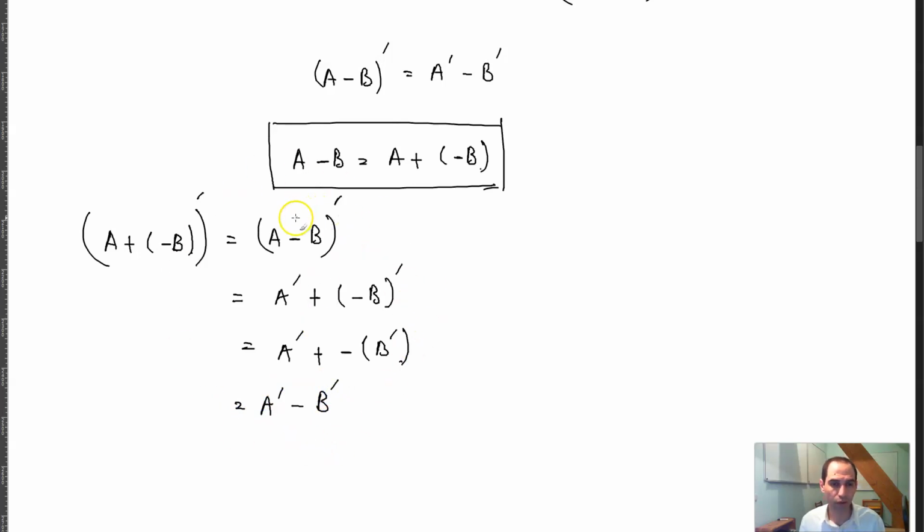So that way you can prove it. It actually works out. I didn't know how to do it, but it seems that it works that way.